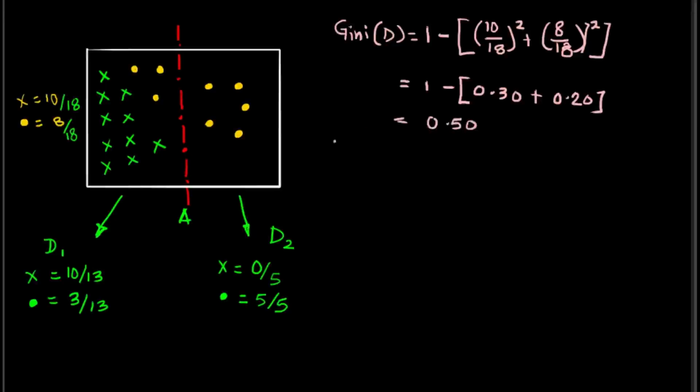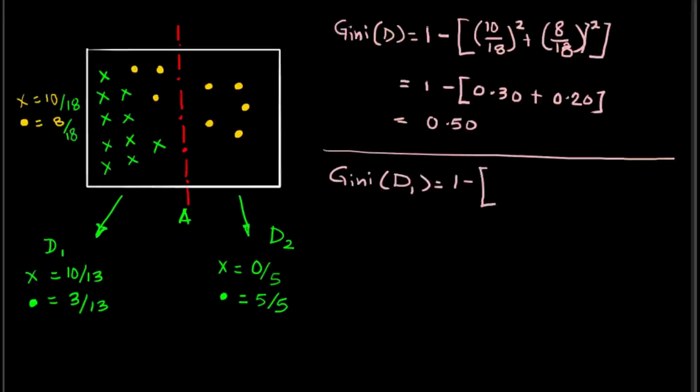And now we will calculate the Gini index after the split. So Gini of the dataset D1 is nothing but 1 minus (10 by 13) square plus (3 by 13) square.